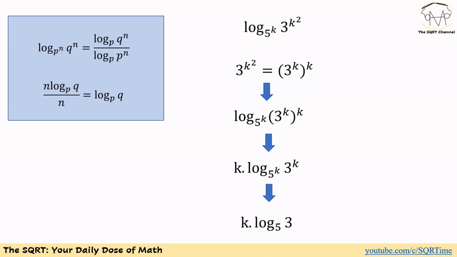And from here, we are going to use the box that we have here. We have k for both the power of the base and the number that we are getting log of, so we can remove that, and at the end, we have k times log of 3 in base 5.